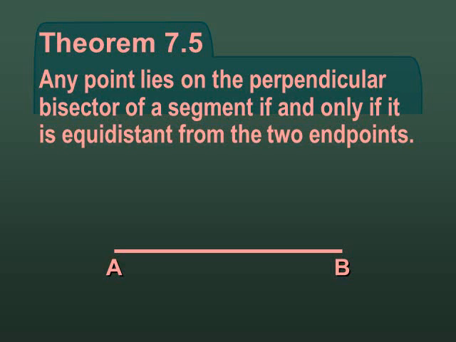So here's a segment and here's a perpendicular. I could have drawn that line anywhere on that segment, right? So here's point C. Now it lies on the perpendicular, right? I could move point C anywhere, as long as I could draw a perpendicular along that line.